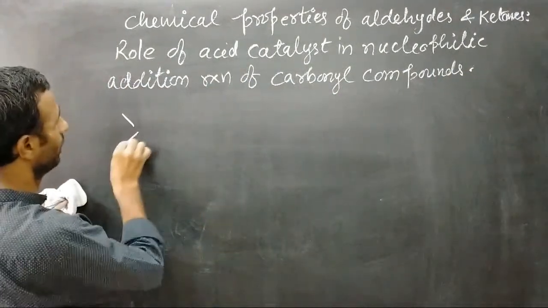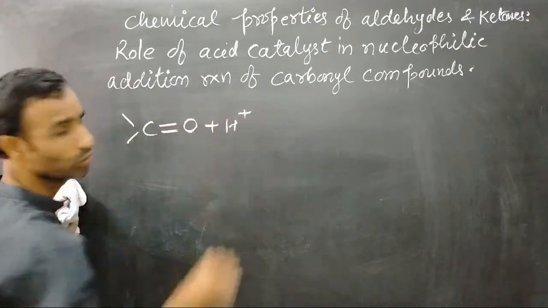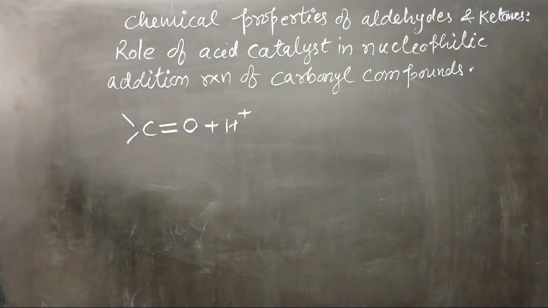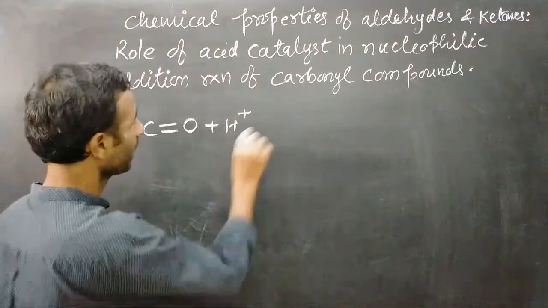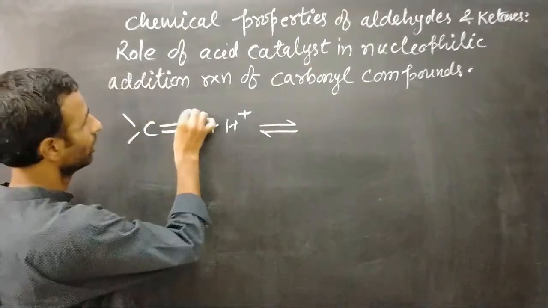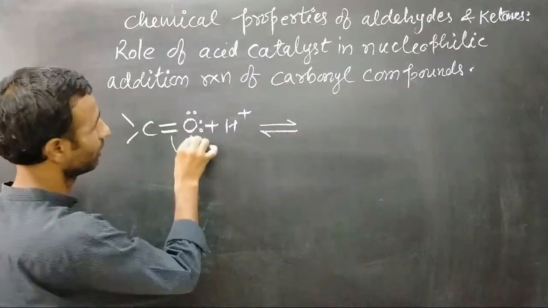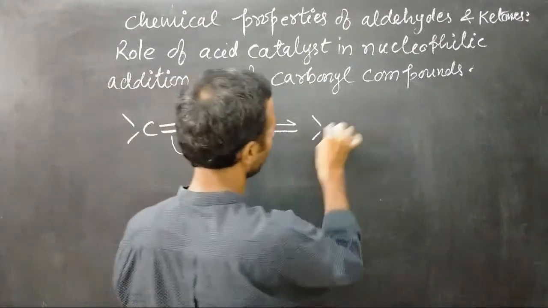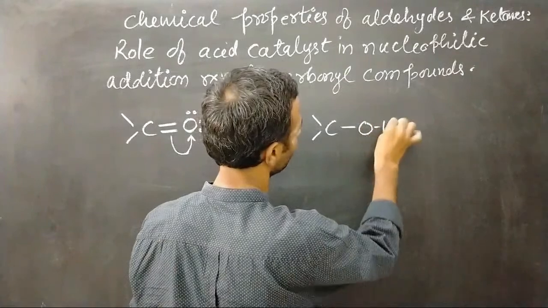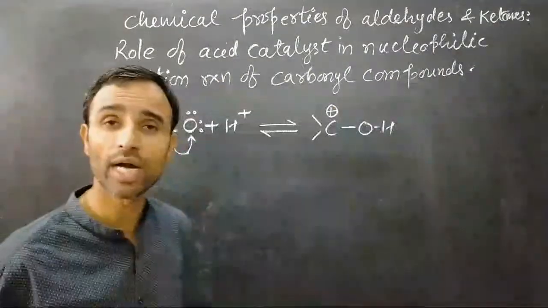See, if we have nucleophile, we have H plus ion, then first of all, H plus ion will attack and there is clear cut positive charge on carbon before the attack of nucleophile.